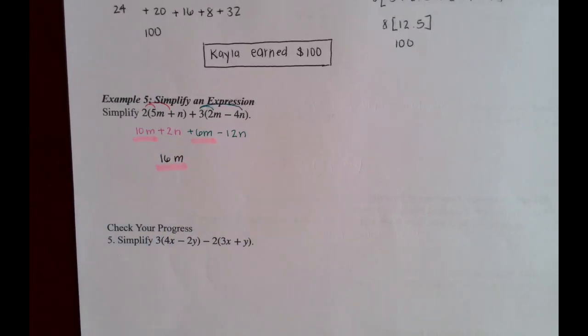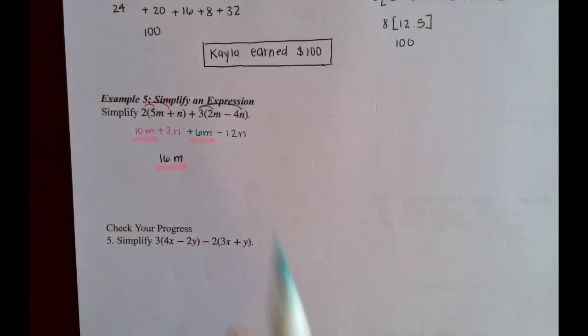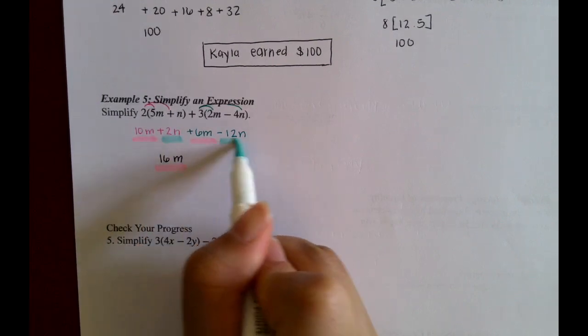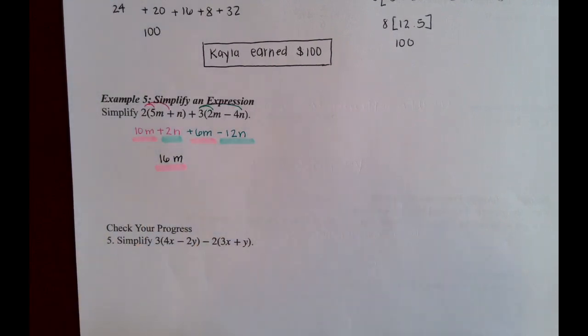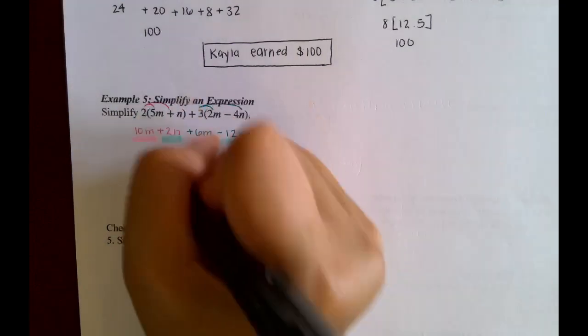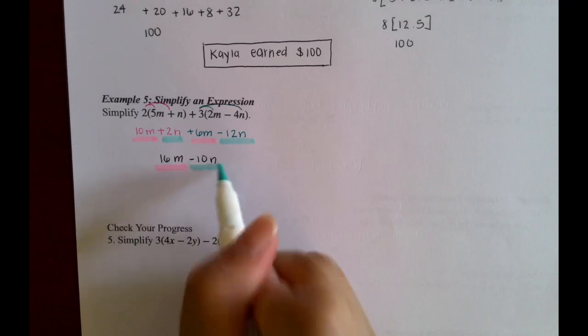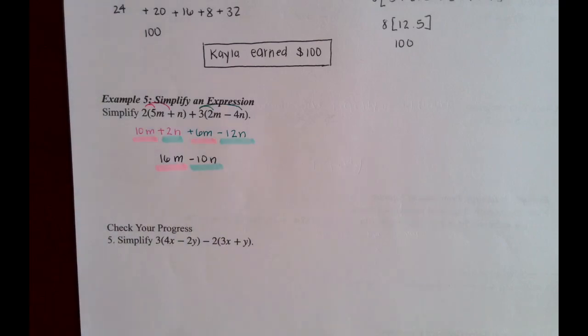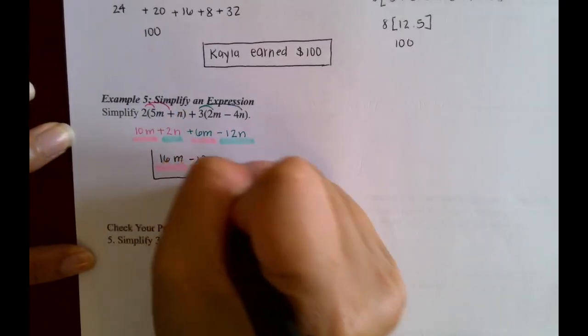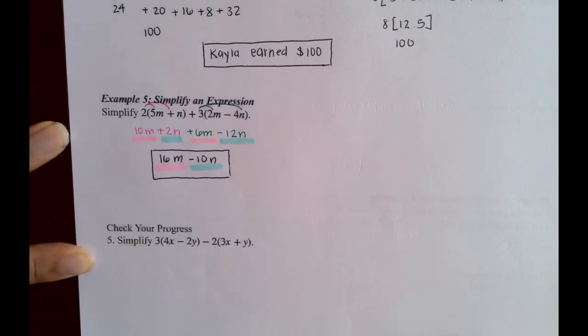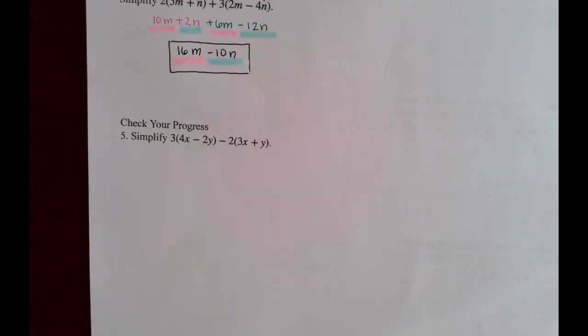And then the other thing that have like terms is the n's. So 2n minus 12n, I now have negative 10n. Okay. And there is my answer, 16m minus 10n. Okay. You're going to do your check your progress 5, enter in your answer, and then come and check it.